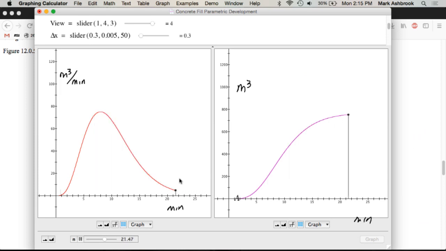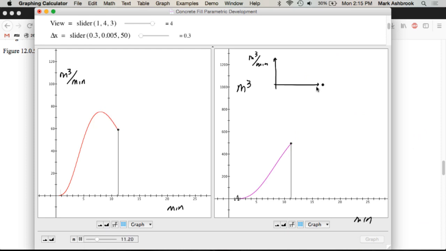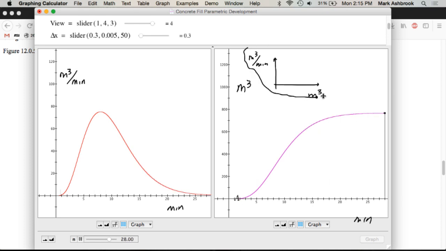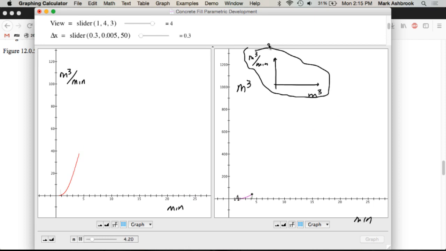So what if we were interested in what the rate was now, not as a function of time, but as a function of the volume poured? So that's a different question that's not answered by the accumulation from rates process that we've worked on in the past.